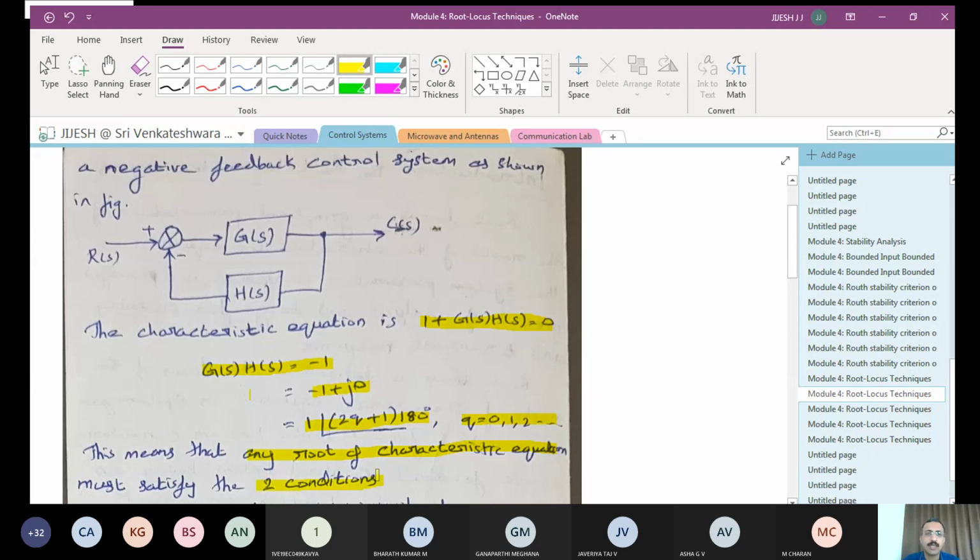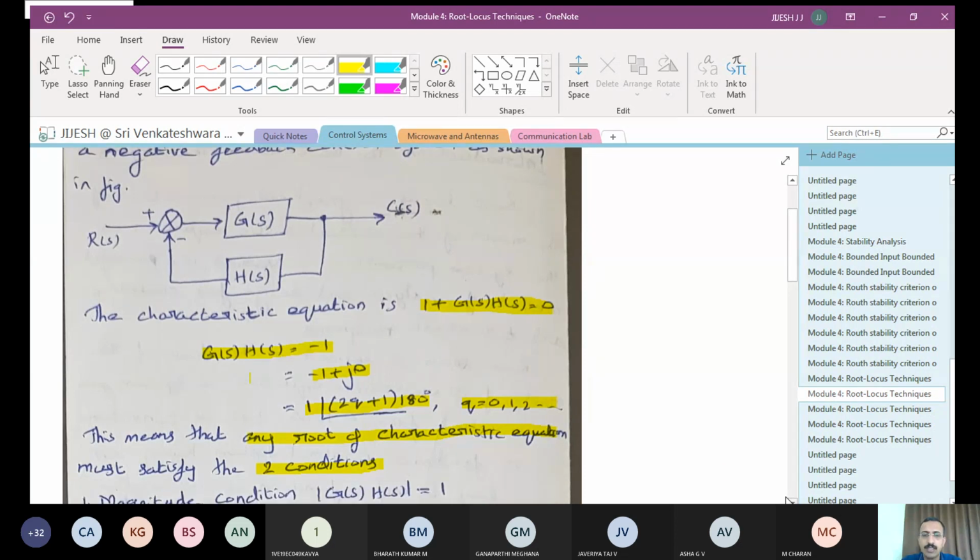First, you can draw this diagram. It is a negative feedback control system, and we have just taken the characteristic equation 1 plus G of S H of S equal to 0, or G of S H of S equal to minus 1. It can also be written as 1 angle (2q plus 1) into 180 degrees, where q is 0, 1, 2, 3, etc. So we have two conditions for any roots of the characteristic equation.